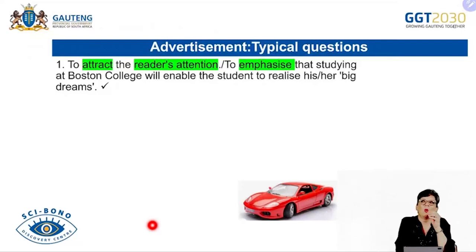To emphasize what? To emphasize that if you study at Boston College, your big dreams will be realized. Now remember, always give me all the information. Can't just say to emphasize. To emphasize what? Okay, so be very careful when you answer that.